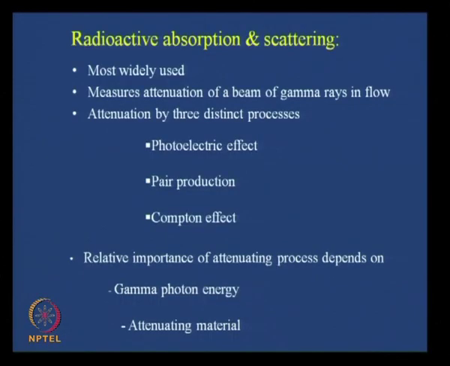The other process by which attenuation takes place is the Compton effect. Now, in this Compton effect, what happens? The gamma photon interacts with an atomic electron and gives some energy to this atomic electron, and after it gives some energy, it has a reduced energy now. So, it proceeds at a reduced energy in an altered course.